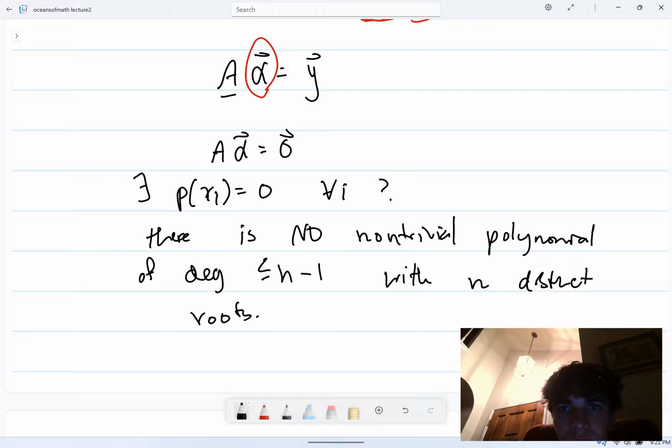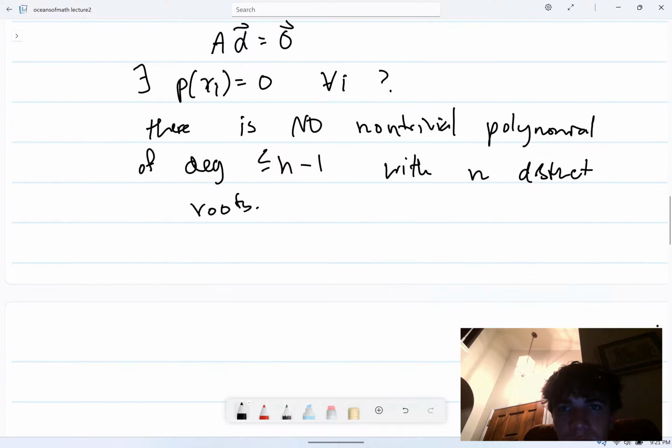And this is something we know from studying polynomials over a field, that even in the complex numbers, they can have at most as many roots as their degree. And so since we have a polynomial of degree n minus 1, it can never have more than n minus 1 roots unless it of course is identically 0.